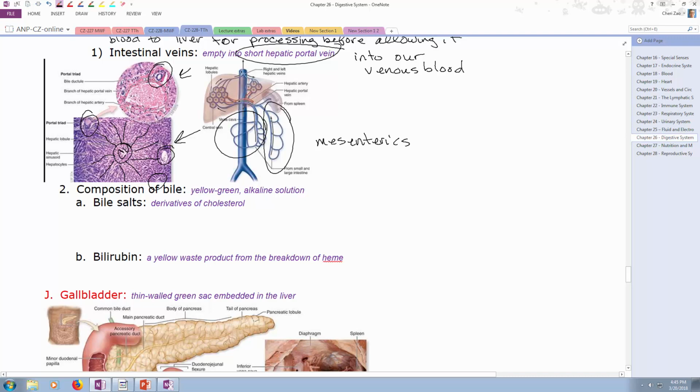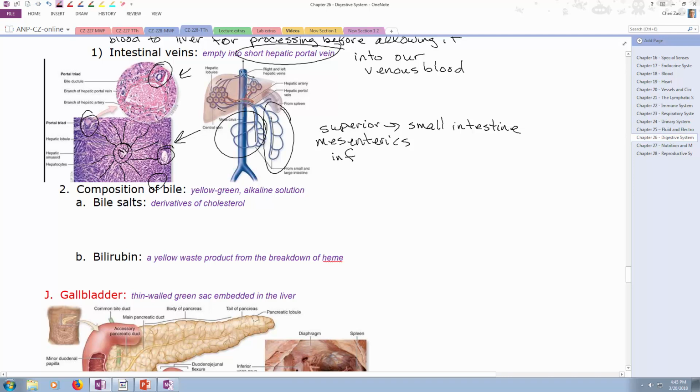There's one called the superior mesenteric, and that is going to be taking the blood it is getting from all of the small intestine and some of the large intestine.